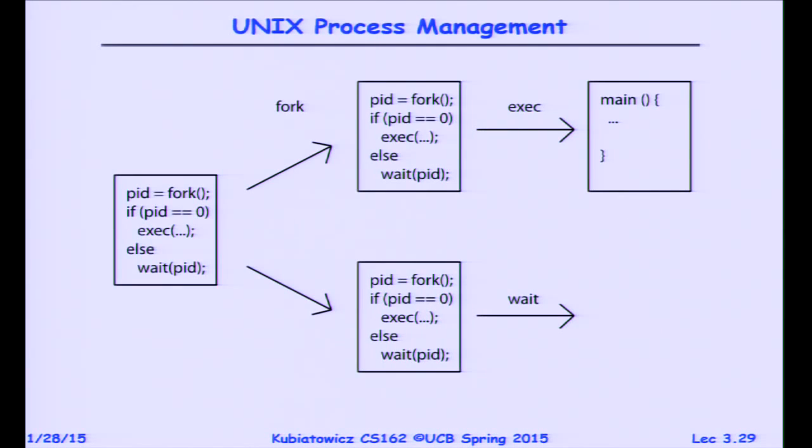So finally, to finish this up, here's a typical situation where we fork to get a new process, and if the PID is 0, which means it's the child, we immediately execute exec, and that gives us a brand new process that's completely different, and this is how we get all the different programs running in the system.